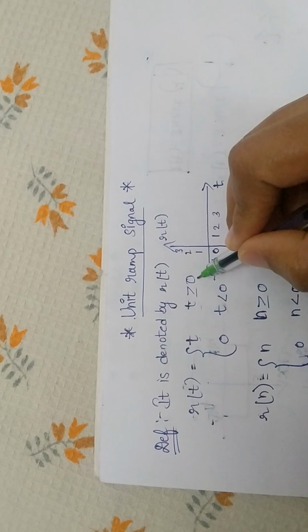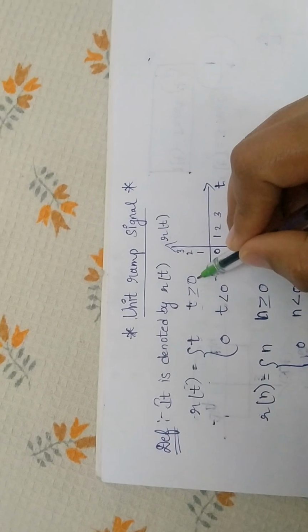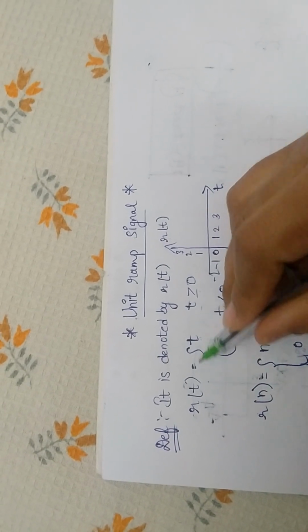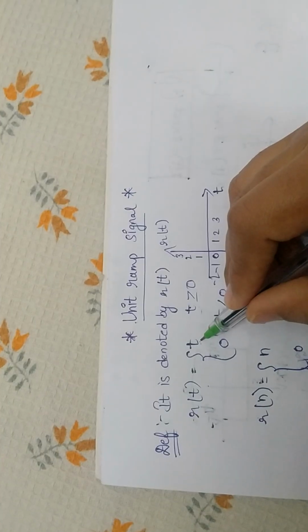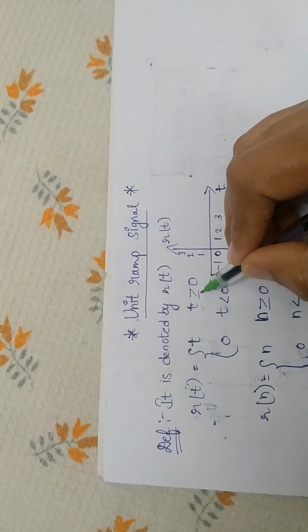R of t is equal to t for t greater than or equal to 0.